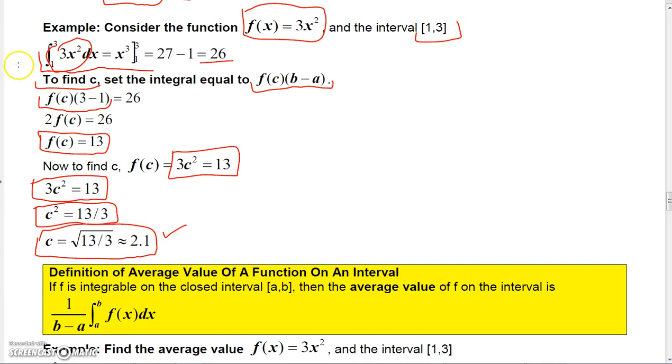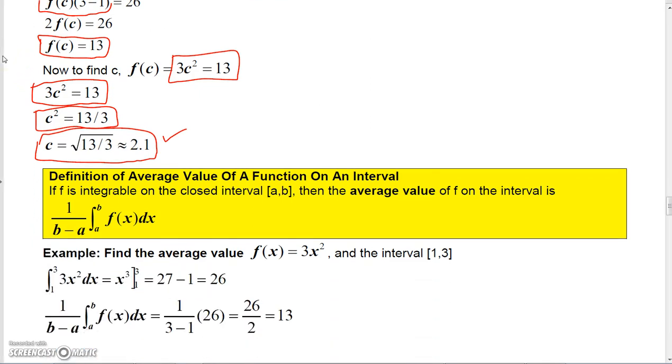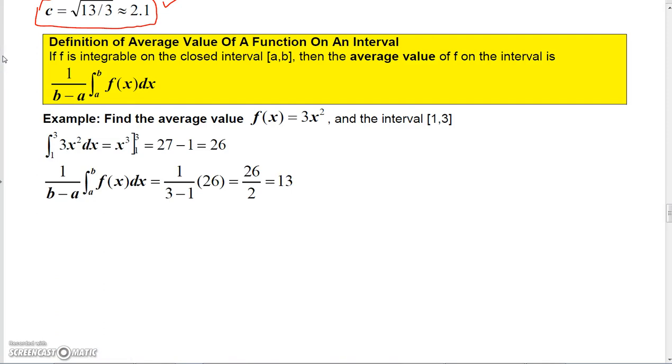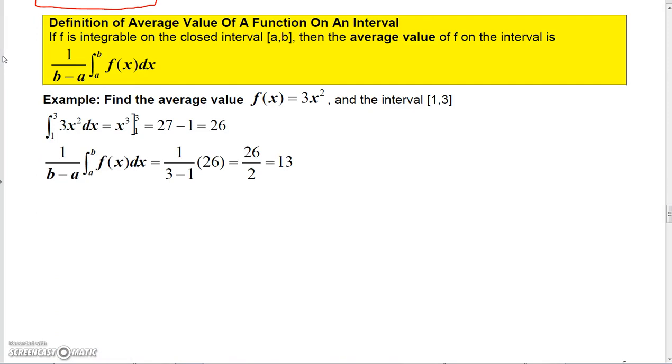And there's a variation of this that's almost the same thing. There's a definition of the average value of a function. If you can integrate the function f over the closed interval from a to b, then you can find the average value of f on the interval. You might remember when you average something like grades, you have a finite number of grades, and you can add them up and then divide by the number of grades.